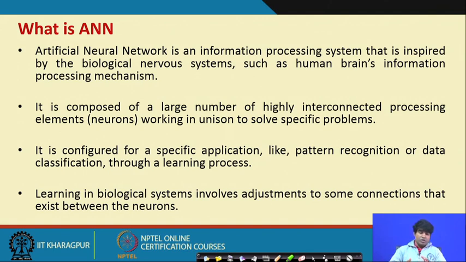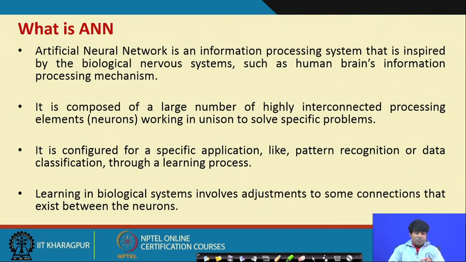So, this is one of the interesting techniques, that is ANN, artificial neural network. It is an information processing system, usually inspired by the biological nervous system, such as the human brain's information processing mechanisms.